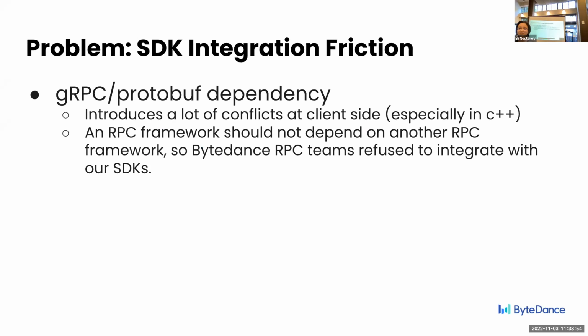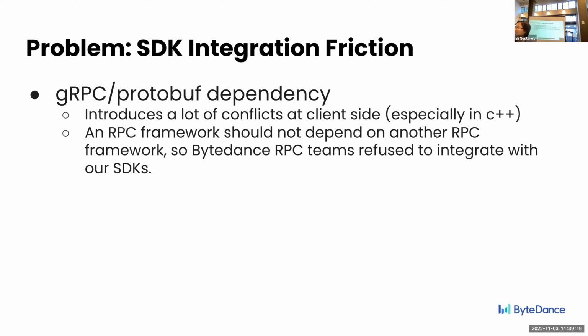Next, let's talk about the client side of the problem. As I said, there are richer problems here. The top one is the SDK integration friction. The most annoying thing for us in the initial stage of integration is that we found that the gRPC protobuf dependency is really hard, because in Bytedance there are so many different teams and they use different languages and libraries.